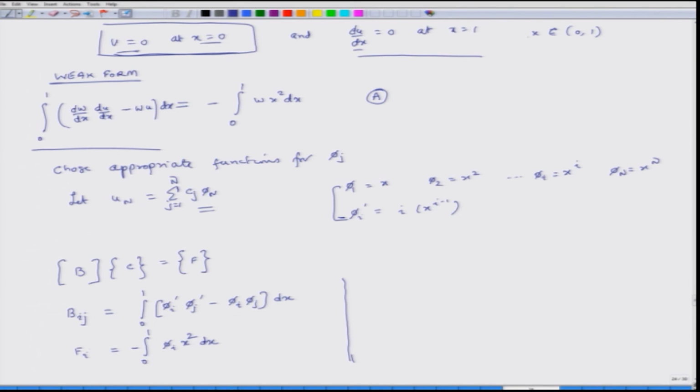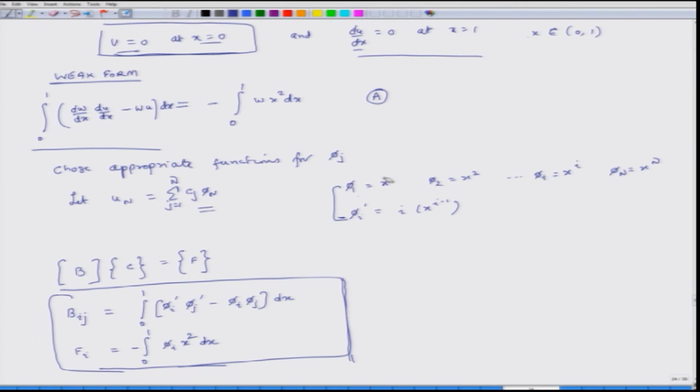So, using this we can calculate different elements of B. Suppose I take an n term solution, I get n equations, and once again when I assumed my phis, I made sure that the three requirements were met. The first requirement is that the primary variable is vanishing at x is equal to 0, so that is being satisfied.